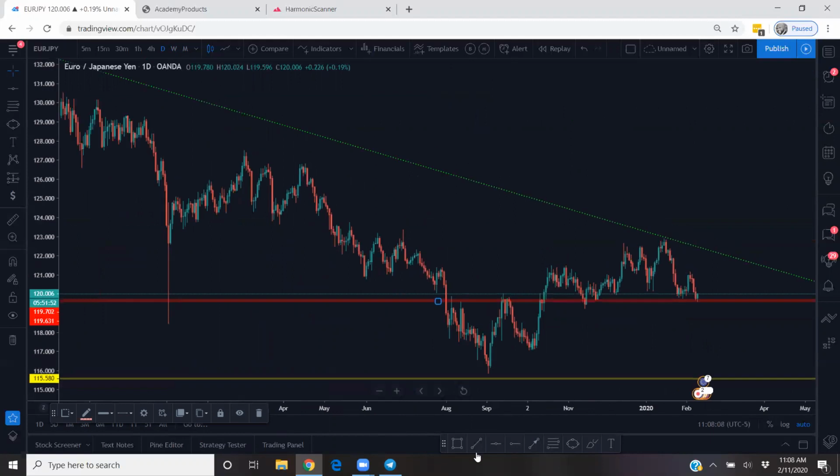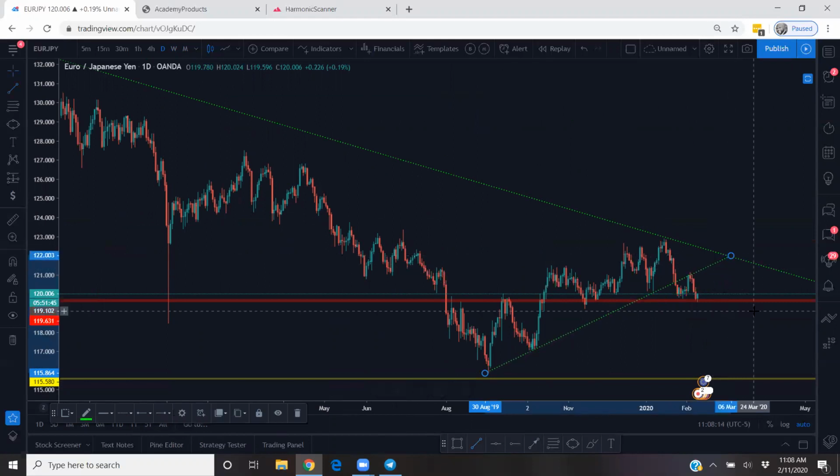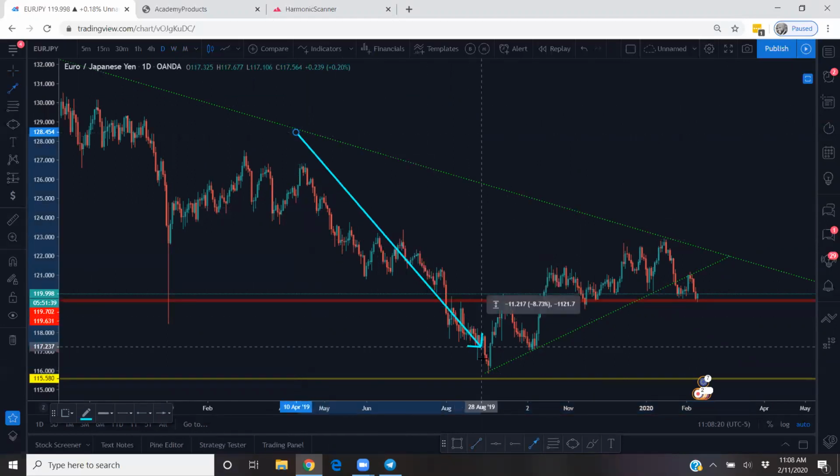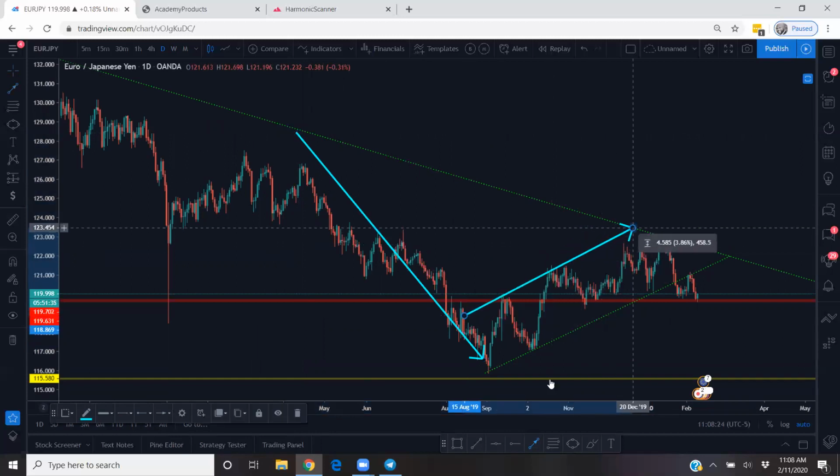On the daily, I'm looking for the most current trend. So I am in an uptrend. But again, because we are in a selling market, my uptrend is actually the correction of my downtrend. So here I have my impulse, I have my correction or flag.